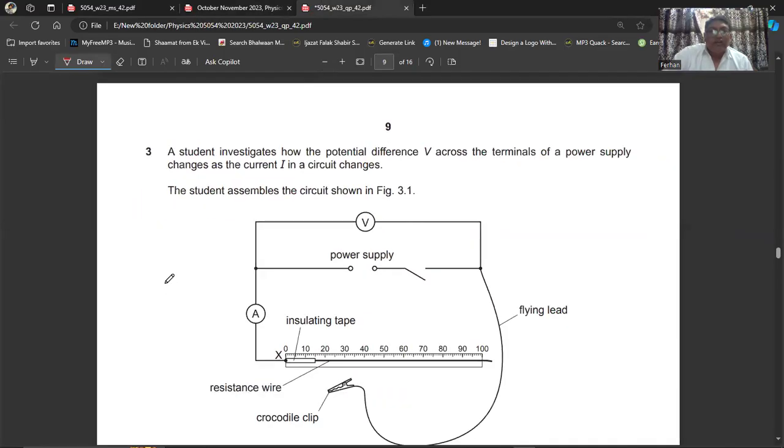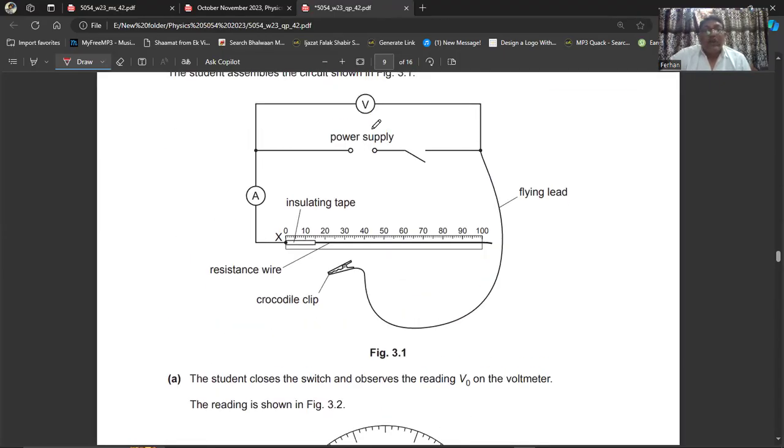Okay. So we are on question number 3. He says, a student investigates how the potential difference V across the terminals of a power supply changes as the current I in a circuit changes. The student assembles the circuit shown in figure 3.1. So here you have a power supply.